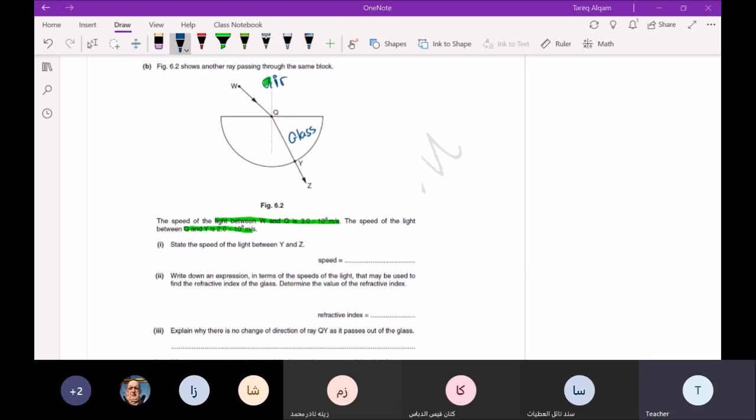We are asked to find the speed of light between Y and Z, and this is air also. It will be 3 times 10 to the power 8 meters per second.